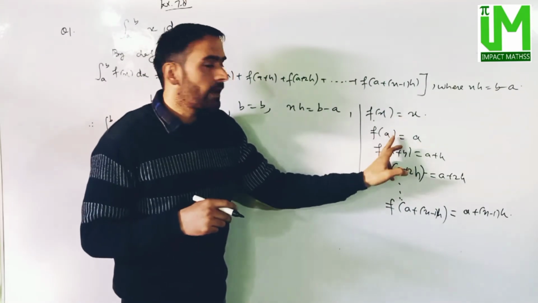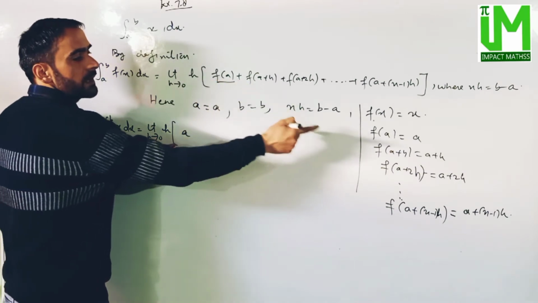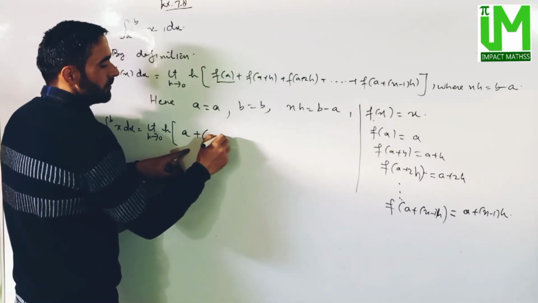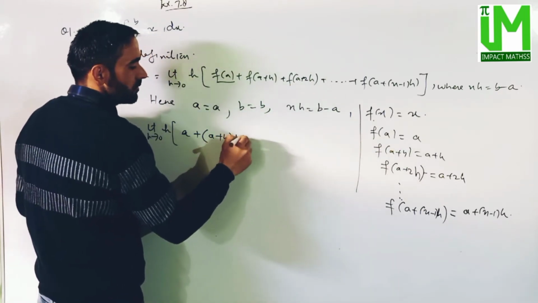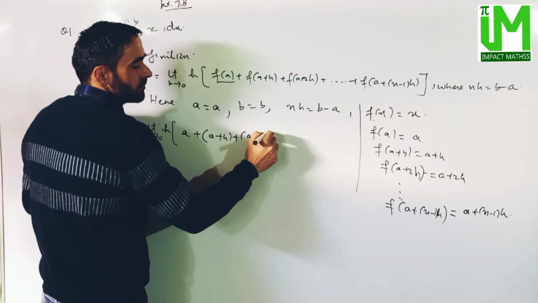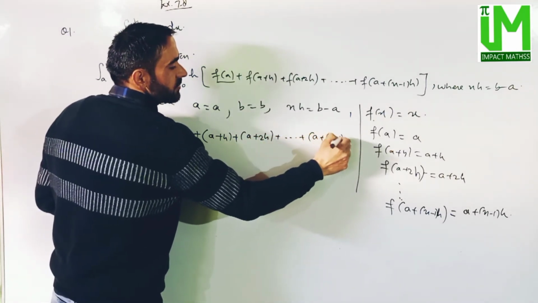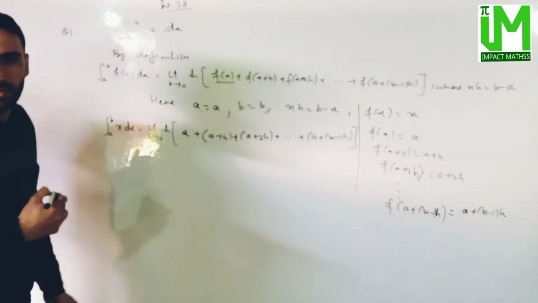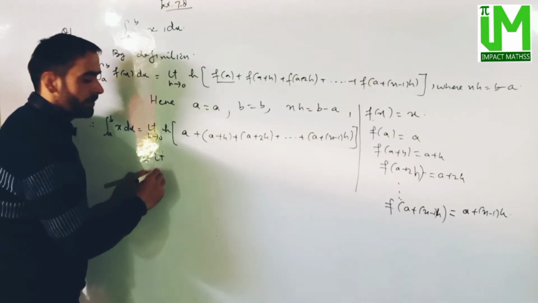What will be the value of f(a)? It is a. Then a plus h, plus a plus 2h, plus up to a plus (n minus 1) h, where nh is equal to b minus a.